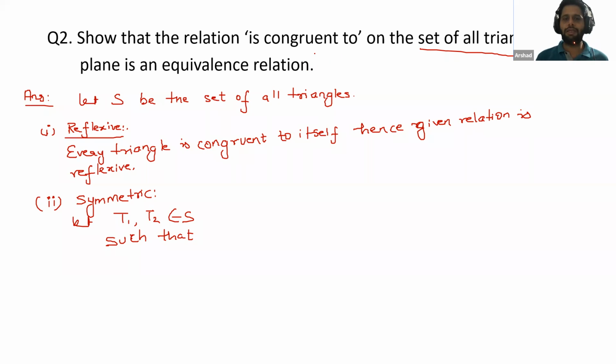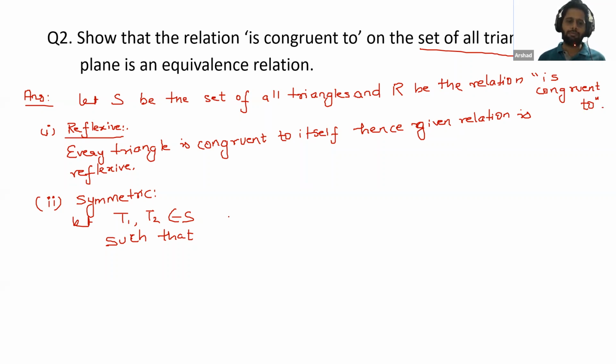That's why we will assume the relation. We will give a symbol to the relation. So let S be the set of all triangles and R be the relation. What relation? Is congruent to. So R be the relation is congruent to.